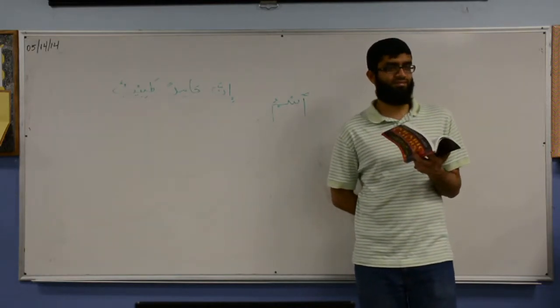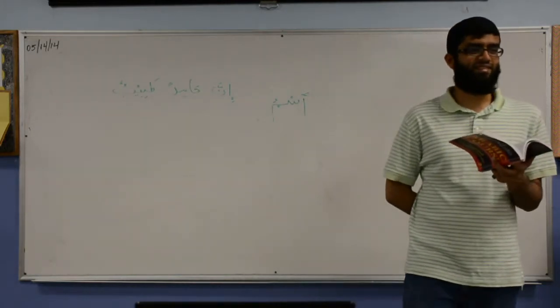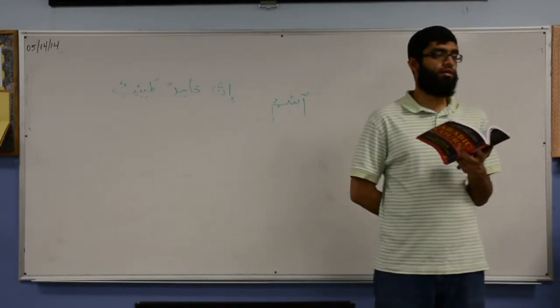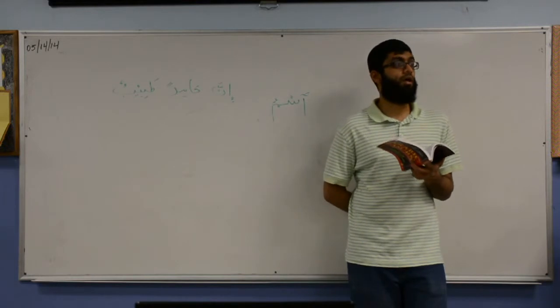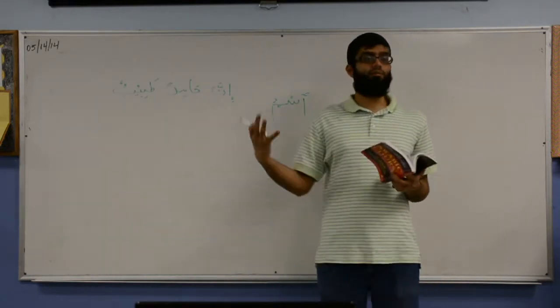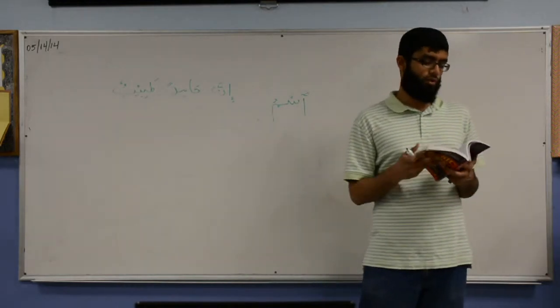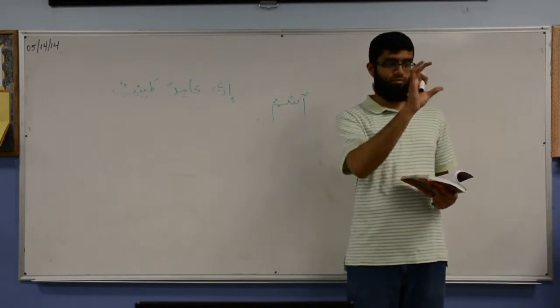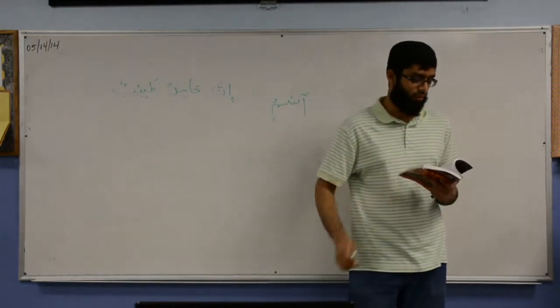Where is the ism lakinna? Ha, right? Whatever noun follows it can be a pronoun too. So in this case, it's a pronoun, lakinnaha. And we said pronouns don't get fatha, damma, kasra, they're mabni.